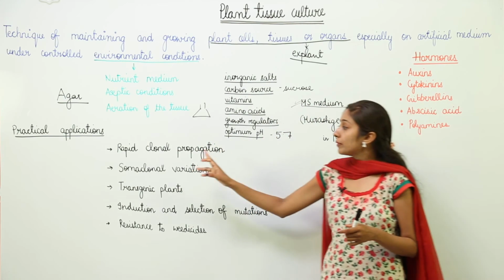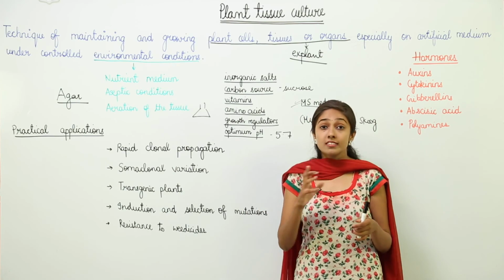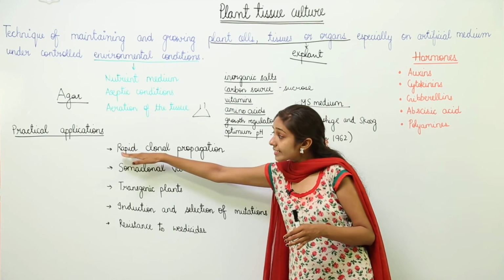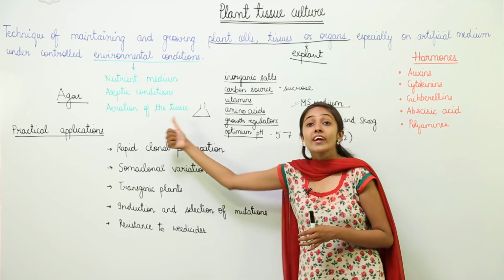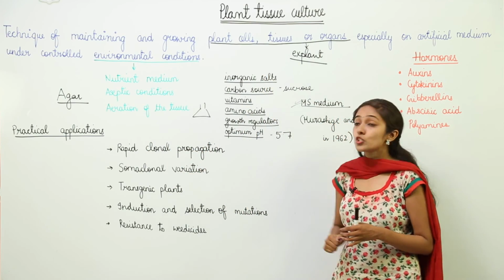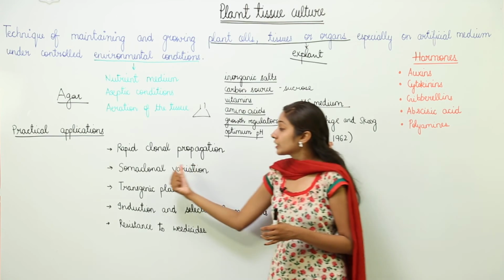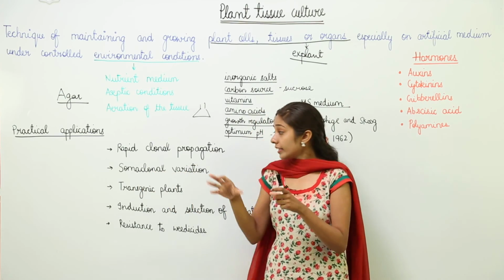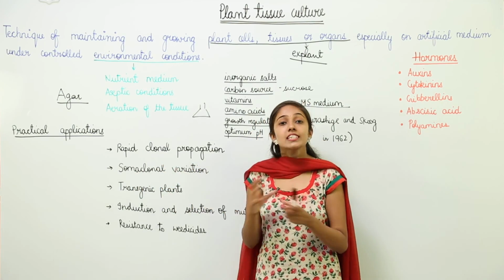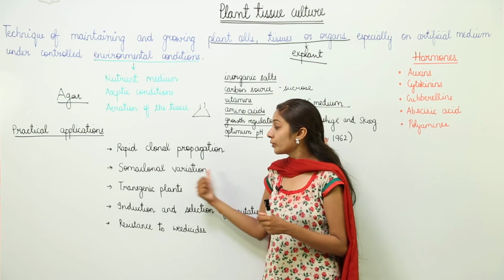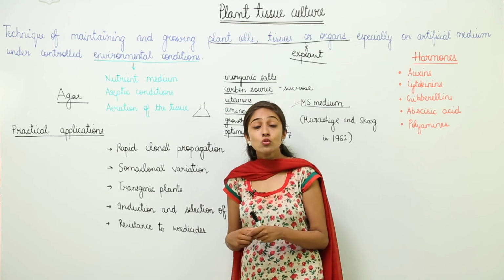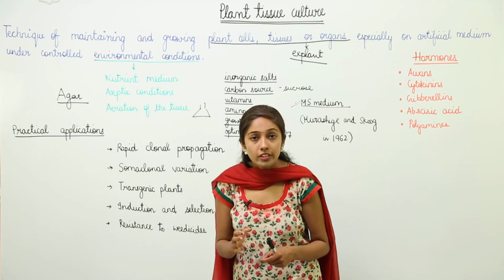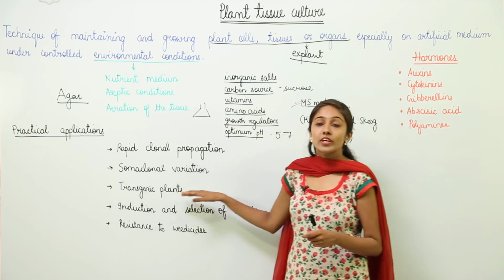First of all, rapid clonal propagation. As the word suggests, it's rapid, meaning it's very fast. So the clones propagate quite fast by this plant tissue culture technique. Then there is somaclonal variation. Among the clones also we see genetic variation that we call somaclonal variation. Then the transgenic plants, in which the transgene is introduced by genetic engineering so that the desired characteristic trait can be obtained.